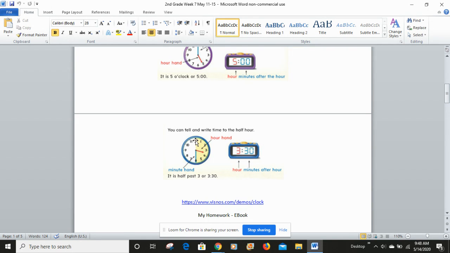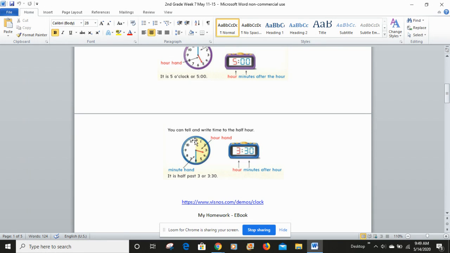So when we look at the analog clock, if we started up here at the top and counted every single one of those little marks all the way around the clock, there would be 60. There's 60 minutes in 1 hour.